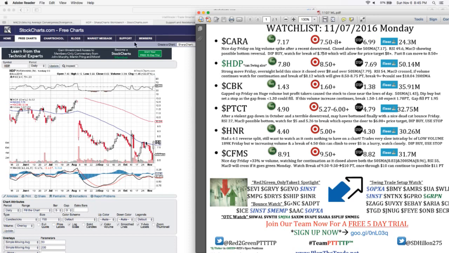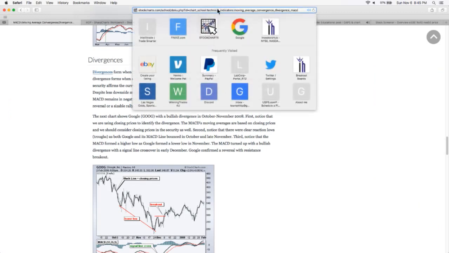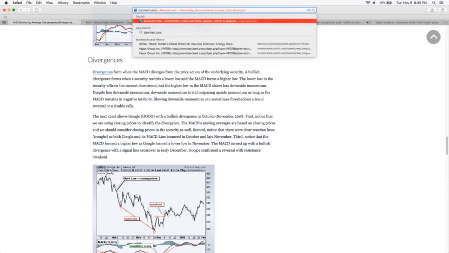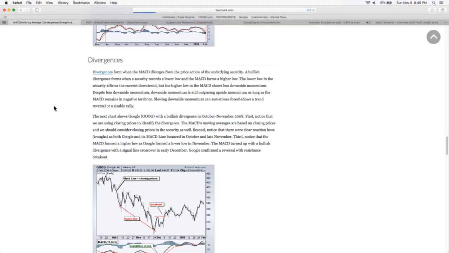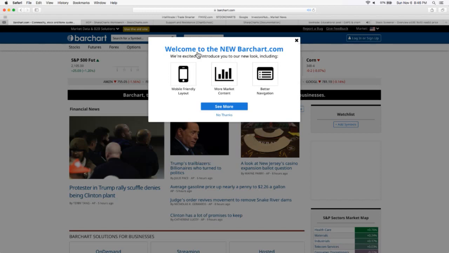Another real quick thing you can do with RSI is go to barchart.com. I use this all the time as well. You go to the Trader's Cheat Sheet, and what it does is tell you what the price will be at a certain RSI. This is another really good site.